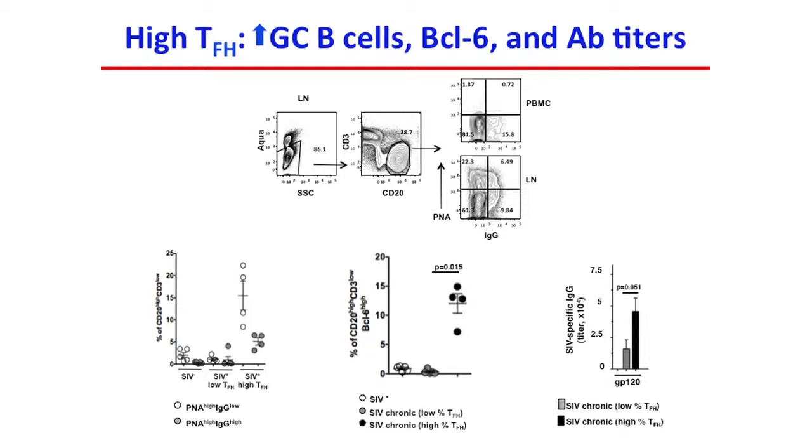When we look at SIV-infected monkeys with high T follicular helper cells, they have a higher percentage of these B cells. They express higher levels of BCL6, and these monkeys have higher levels of immunoglobulin.